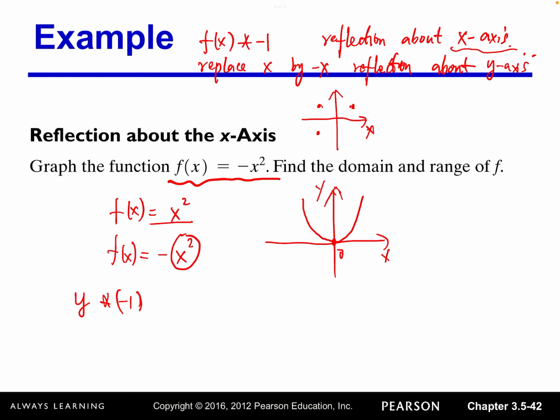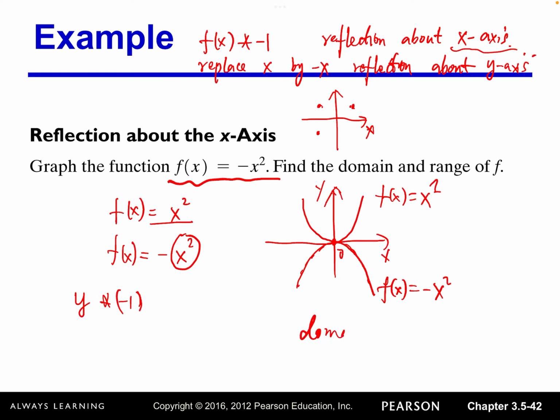And then just do the mirror image about the x-axis. Okay, that's the graph we're going to get. This is f of x equals x squared, and this one is f of x equals -x squared. Reflection about the x-axis.